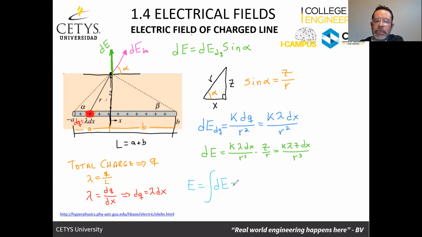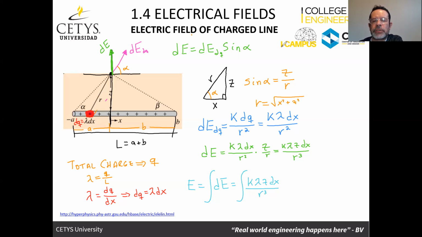Now, substituting the expression, this would be k lambda z dx divided by r to the 3. Now, r over here, r by Pythagoras is equal to the square root of x squared plus z squared.